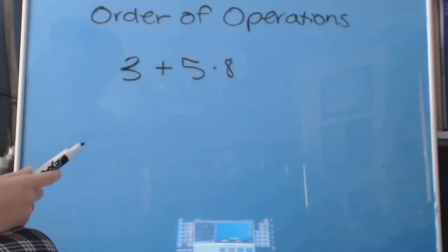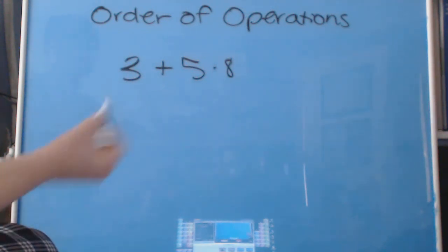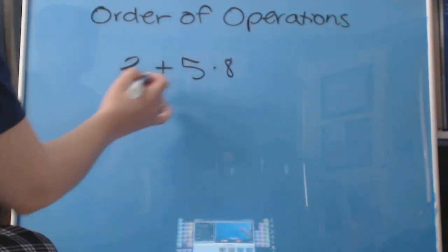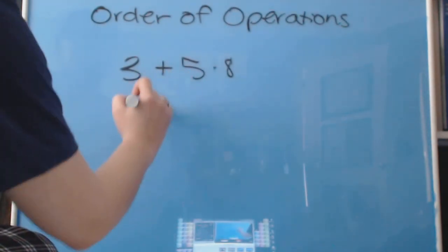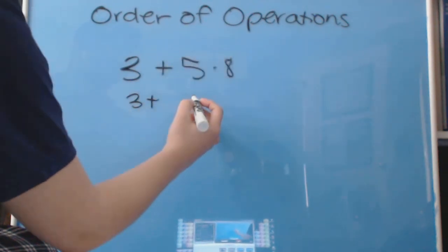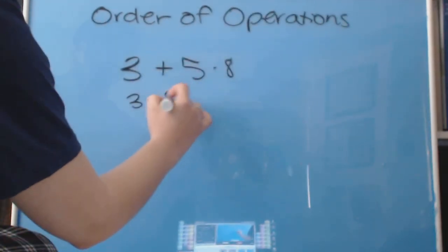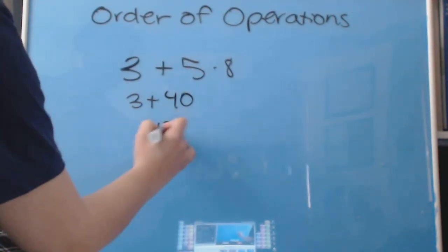But that's not what order of operations tells us to do. Order of operations tells us that multiplication comes before addition. So, instead of doing the 3 plus 5 and then multiplying that by 8, it's 3 plus whatever this multiplies out to, which just so happens to be 40. And then our answer is 43.